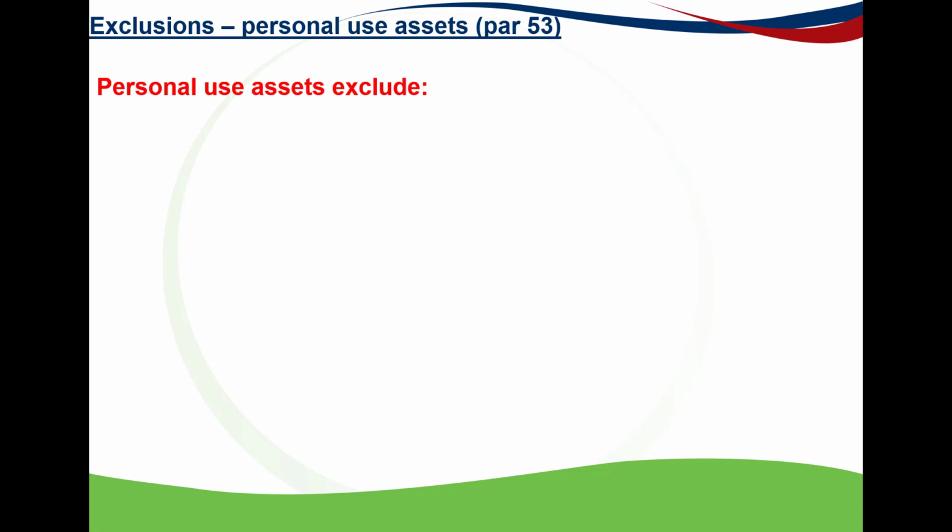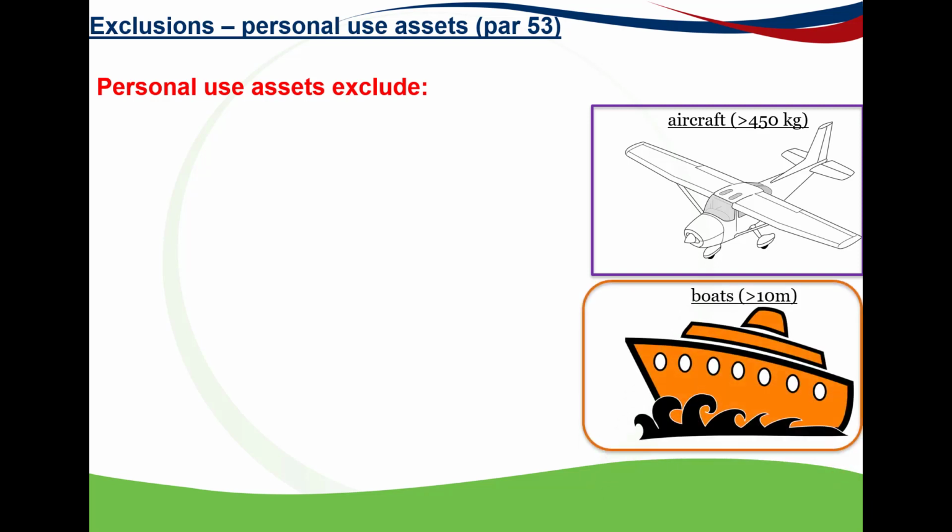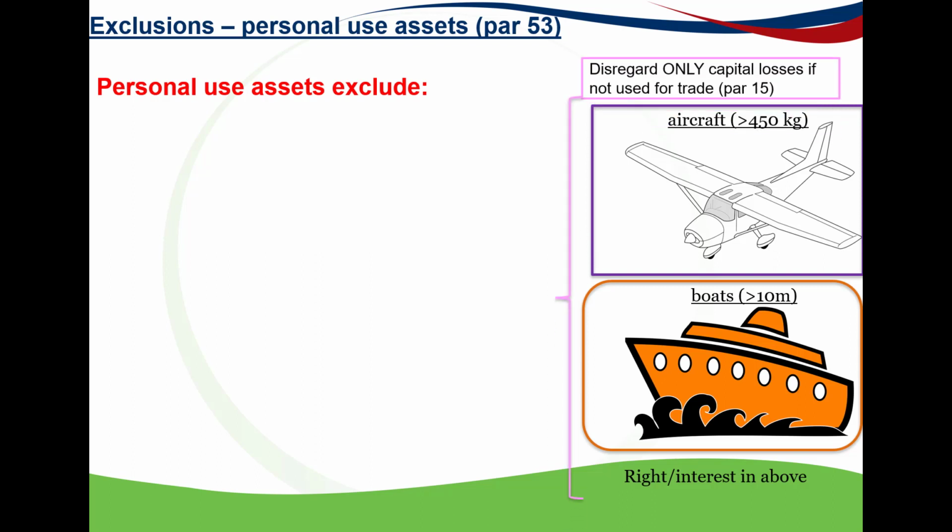The following assets are specifically excluded from personal use assets, and those are an aircraft with an empty mass exceeding 450 kilograms, a boat with length exceeding 10 meters, and any right in the above.